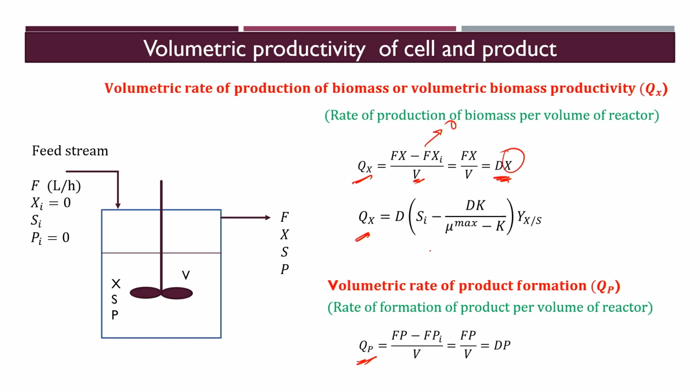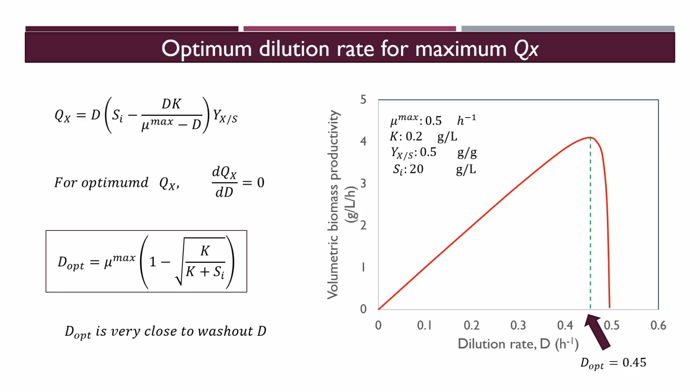We have discussed in the last slide. x is (Si minus D Ks upon (mu max minus D)) into Yxs. Similarly, we can calculate volumetric rate of product formation Qp as (Fp minus Fpi) divided by V, and Pi is 0 because at inlet there is no product, it becomes D into P, that is the volumetric rate of product formation.